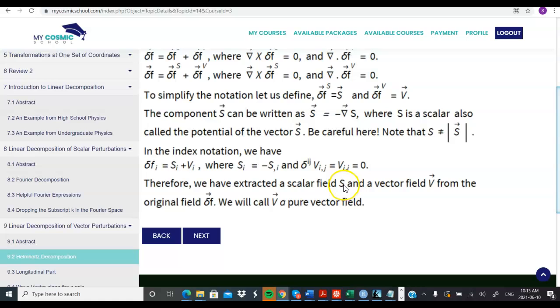So we have extracted a scalar field s and a vector field v from the original field delta f. This v is the pure vector field, and this is of no interest to us. We are mainly interested in the scalar field that we have extracted from the original delta f.